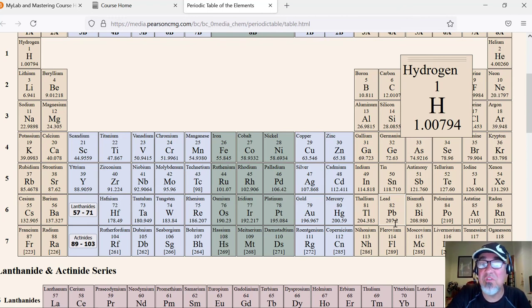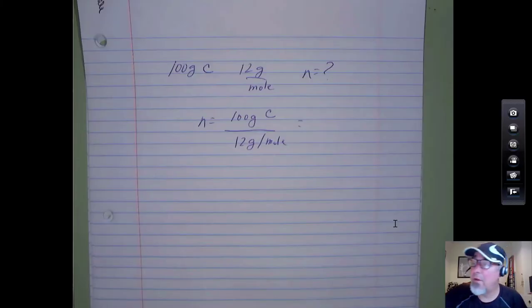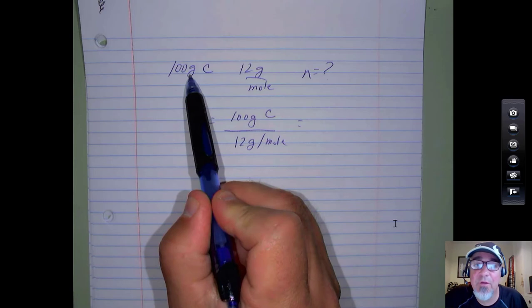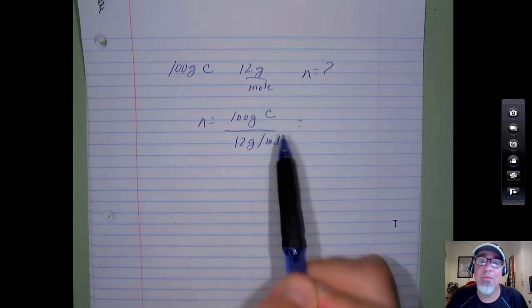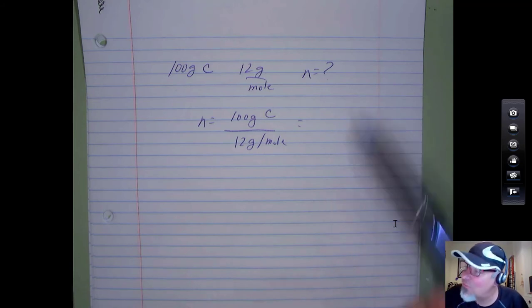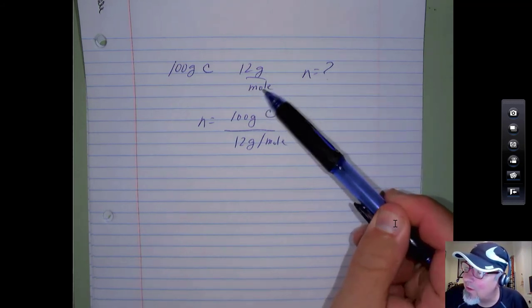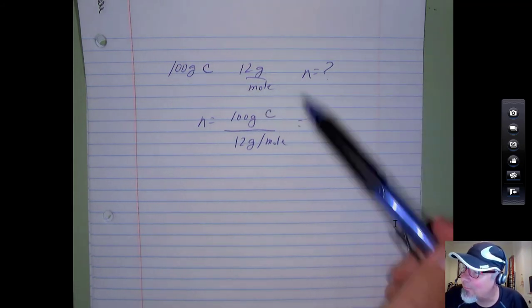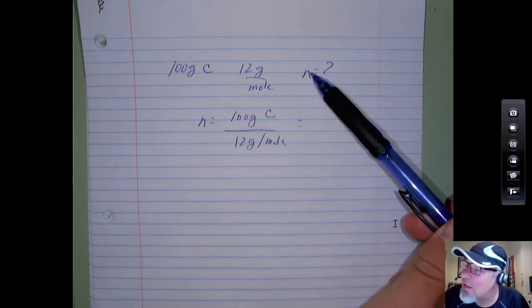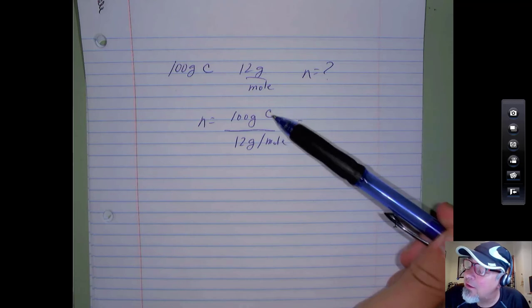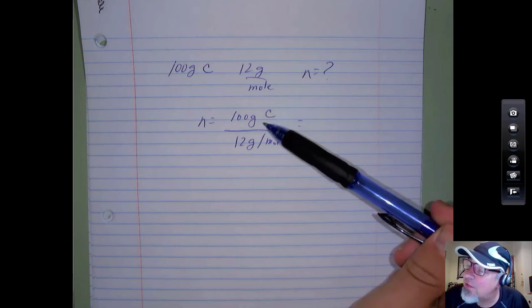So let's take a look at, say, I'll just do carbon and I'll leave the other ones for you. Okay, so we're given 100 grams of carbon, and we know it's 12 grams per mole. I showed you how to get that from the periodic table. Actually, I think they just write mol now instead of mole. When I was a kid, we had to write the whole thing out. Anyway, the number of moles, that's what n is, is the grams of the sample that you have.